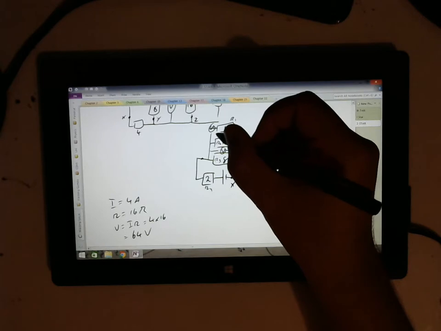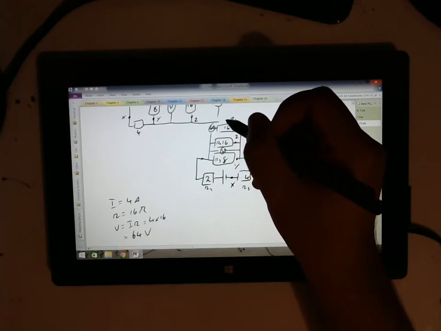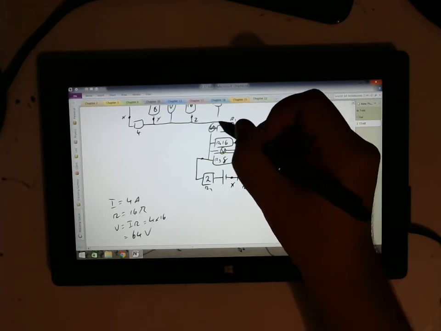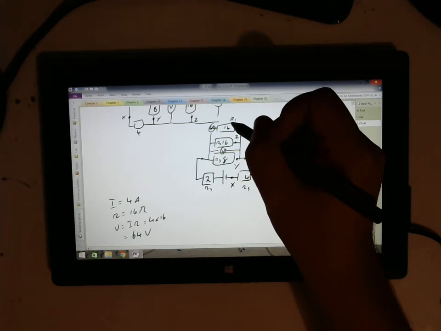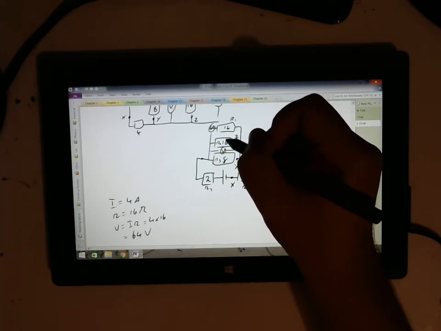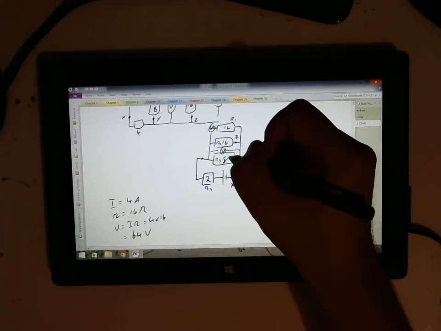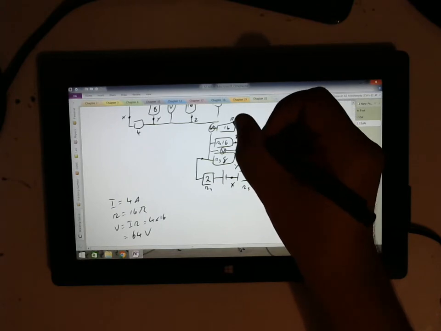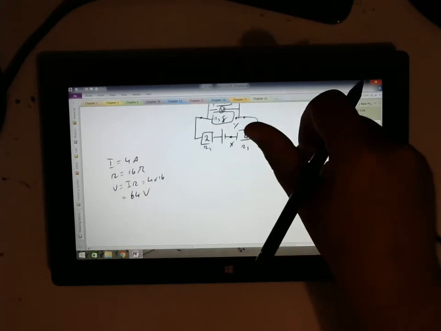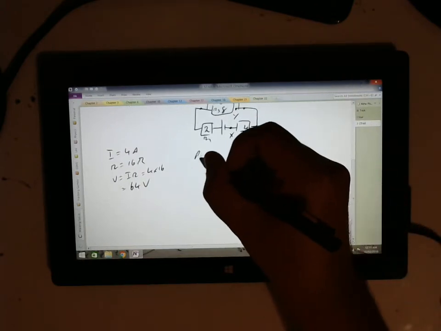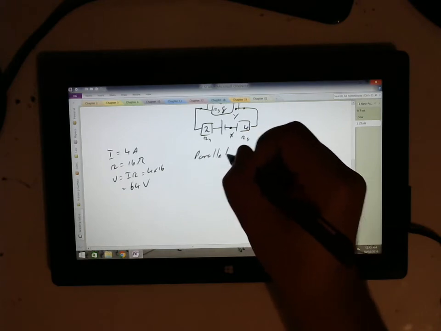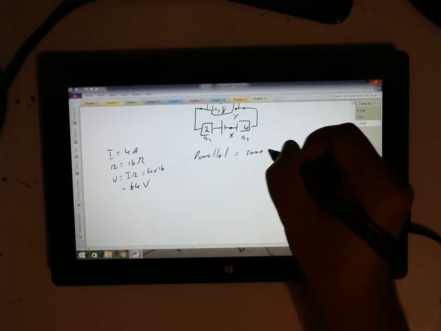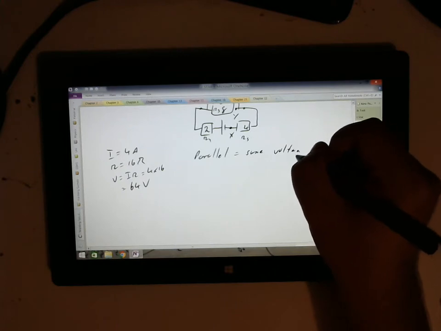So I know now that from this point to this point, 64 volts has to be used up. And the good thing is now we can see really clearly that these are all parallel, which means all of these have the same voltage. So remember, I've said this before, but parallel equals same voltage.